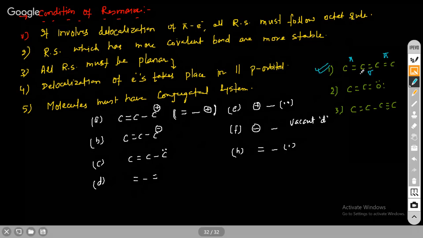Similarly, this one: a pi bond, then a sigma bond, and then a lone pair. So pi sigma lone pair is also a conjugated system. Pi sigma and again pi here, so this is also a conjugated system.